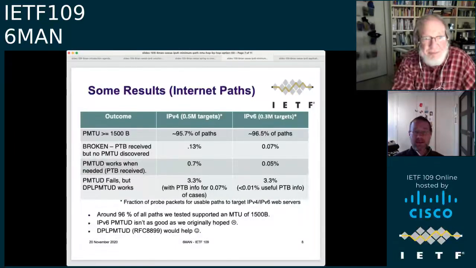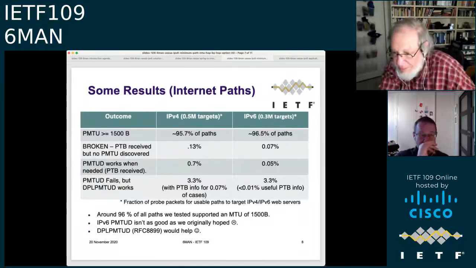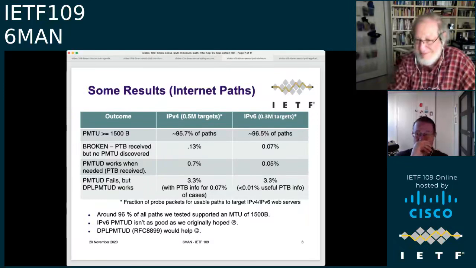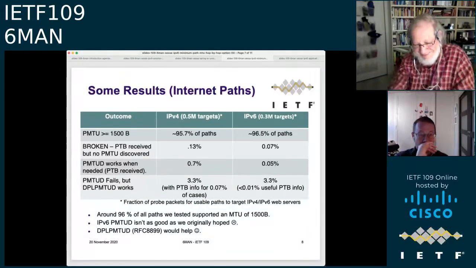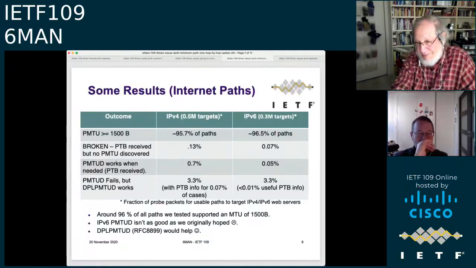Right. So first set of results, MTU. Okay. So what did we find out? We did a lot of experiments for MTU to figure out what MTU we saw running from these probes to sites selected from the Alexa top 1 million. We looked at 500,000 targets for IPv4, only 300,000 targets for IPv6, but the picture emerges quite clearly.